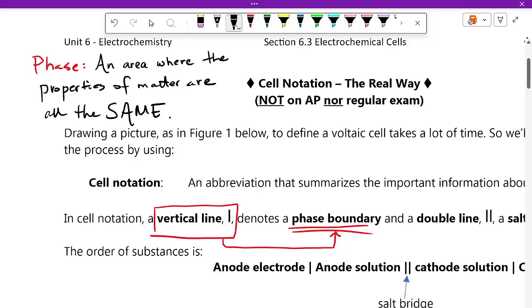Do you remember this from the reaction kinetics unit, where we had homogeneous reactions where everything was all in the same phase, and heterogeneous reactions where you had different phases?